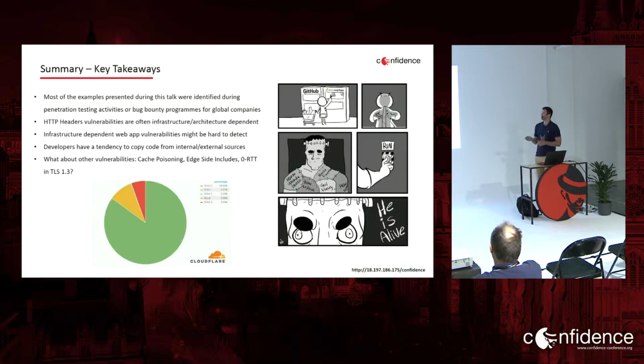Also, more and more people implement TLS 1.3, which has this zero RTT, let's call it a feature. However, if you enable TLS 1.3 with zero RTT, you need to remember that you need to prevent or fight replay attacks on the application level. So again, an application which may work just fine on one infrastructure may work completely differently on another infrastructure.